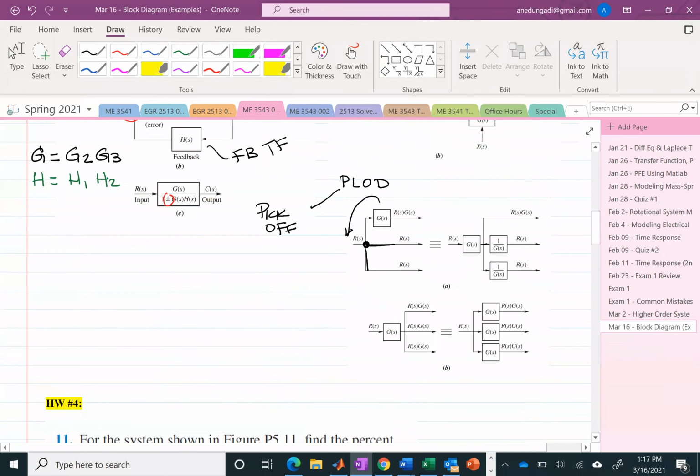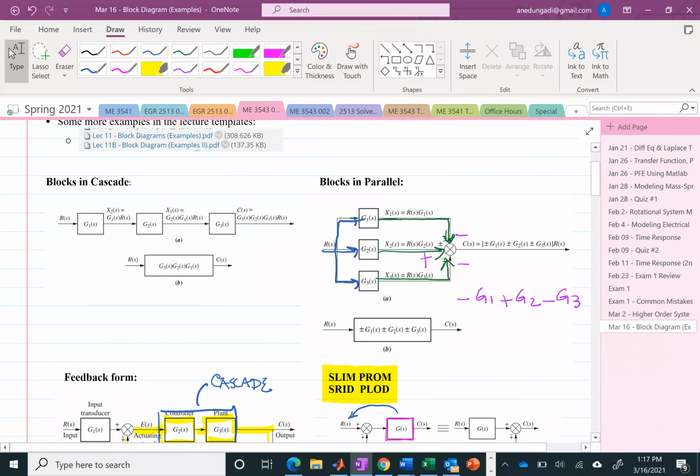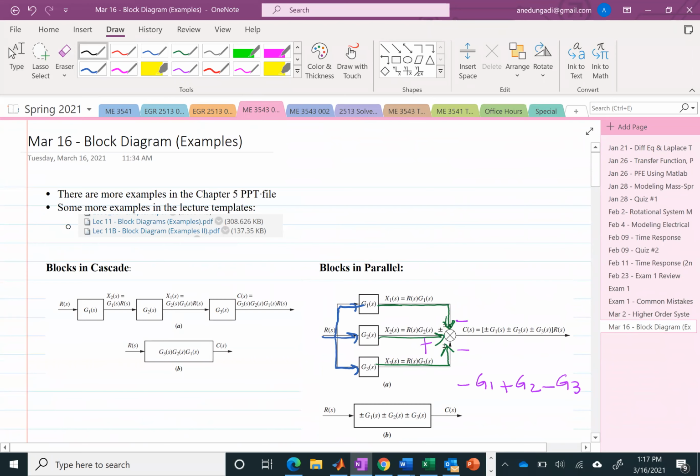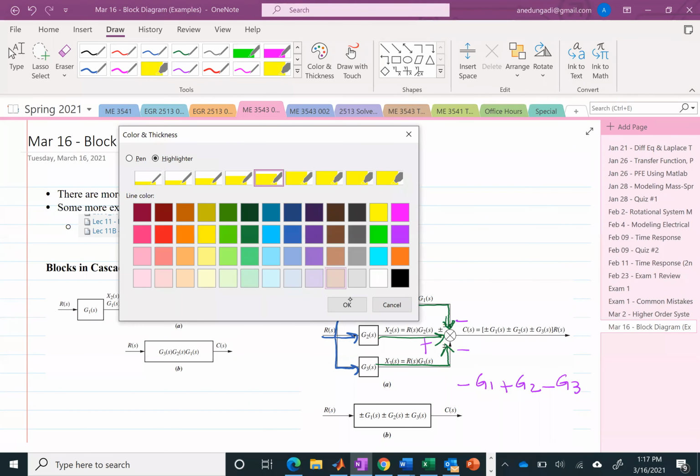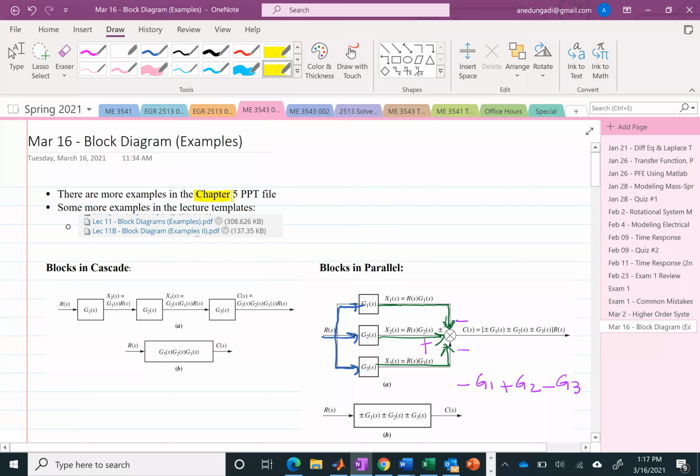So please look at the examples in chapter 5, the PowerPoint file, and look at these two lecture PDFs that are in the template folder.